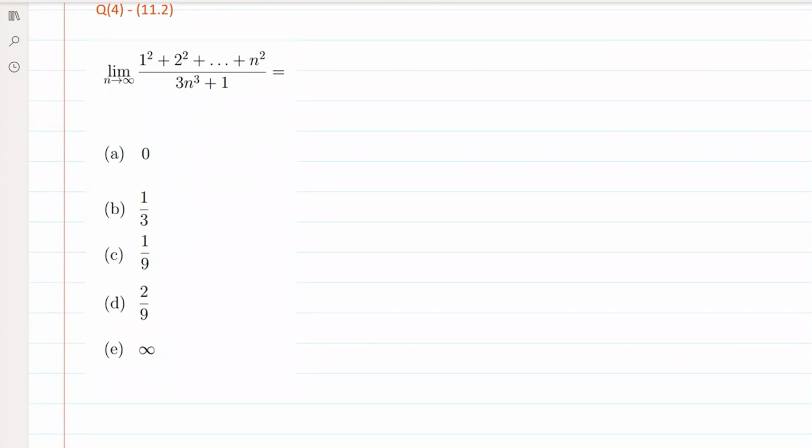How did you solve it? Yeah, first we replace the summation with the summation formula. We know exactly: 1 squared, plus 2 squared, plus 3 squared, plus and so on till n squared.